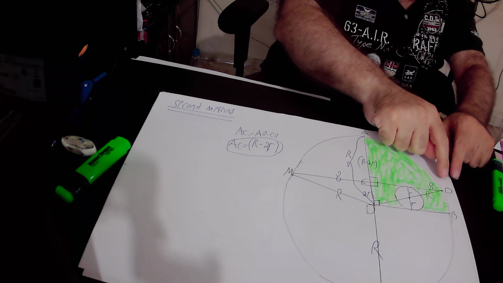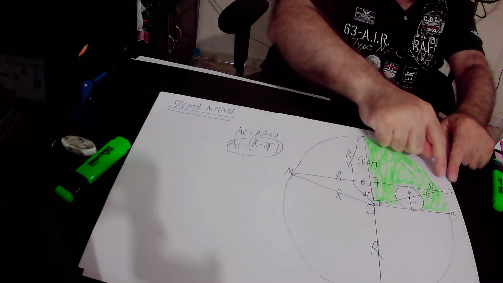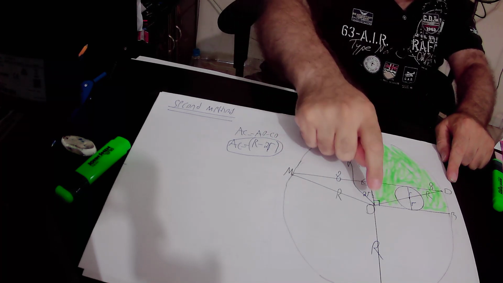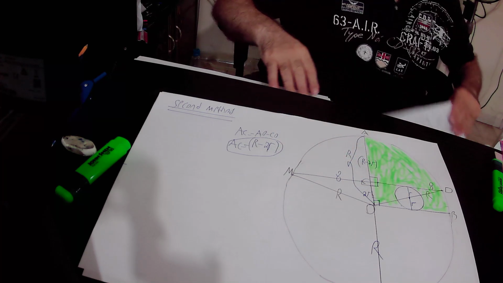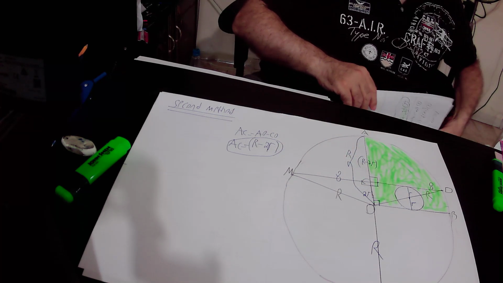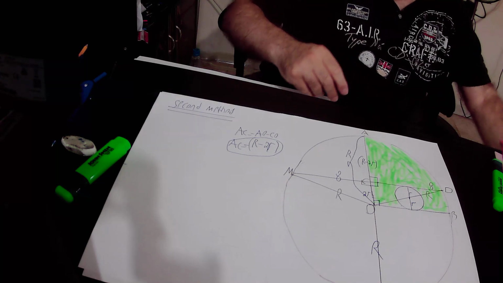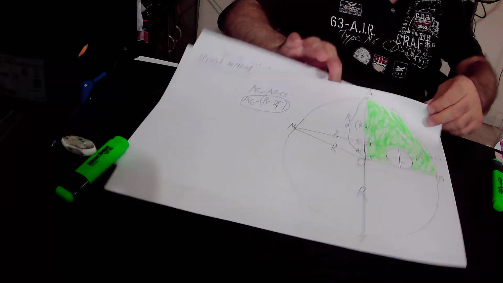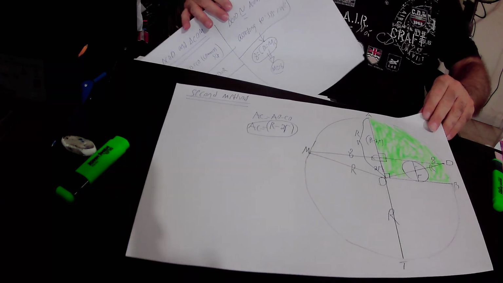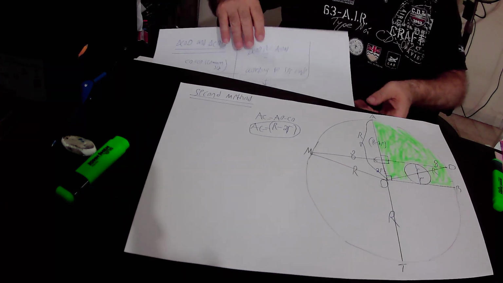So we have here two right angles, triangle CDO and triangle OCM. We proved that those two right triangles can go into each other. Why can those two right triangles go into each other?